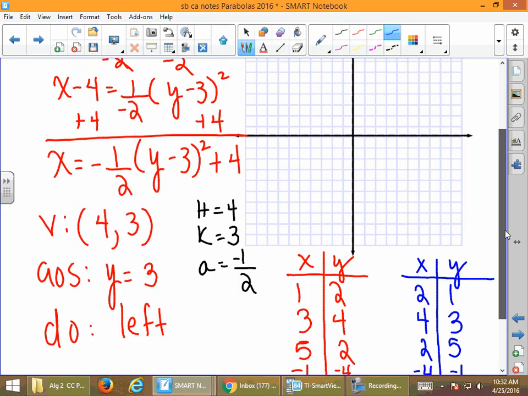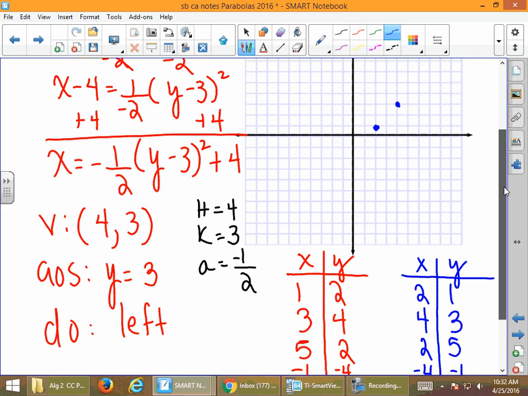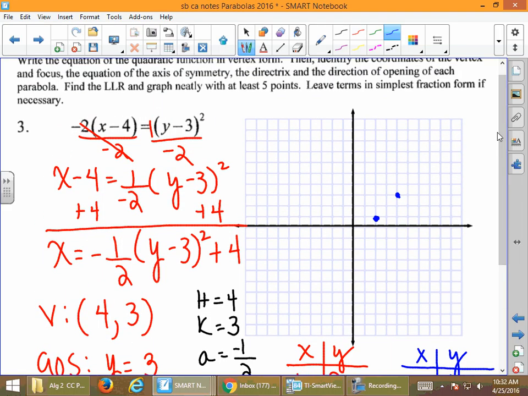We could have found a 5th point, even. So 2, 1. And 1, 2, 3, 4, 1, 2, 3. 2, 5. 1, 2, 3, 4, 5. Over 2. 1, 2, 3, 4, 5. Our other point that I found, -4, -1.